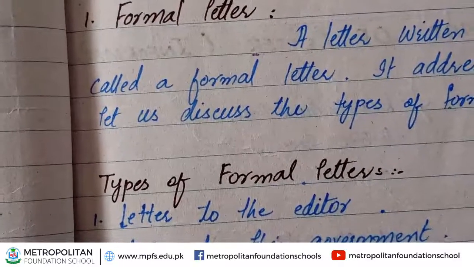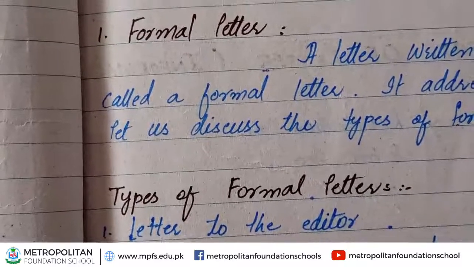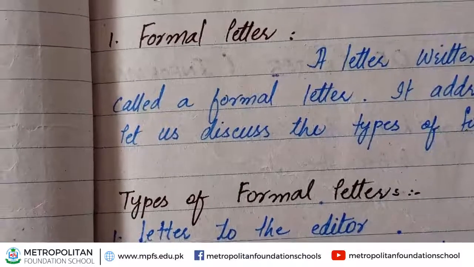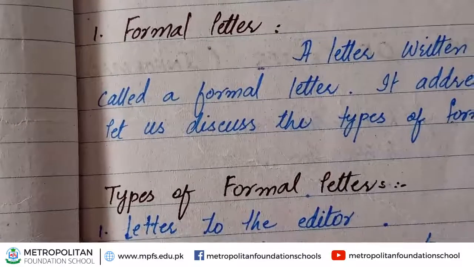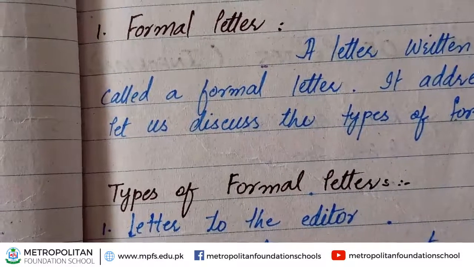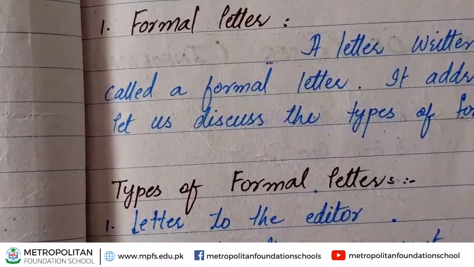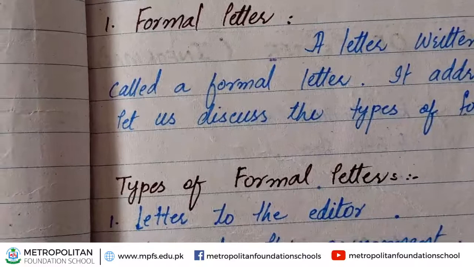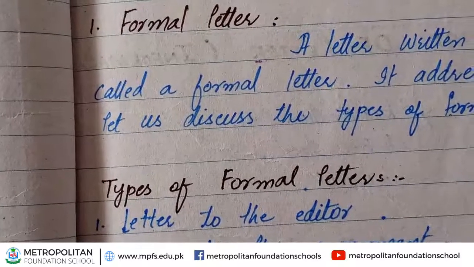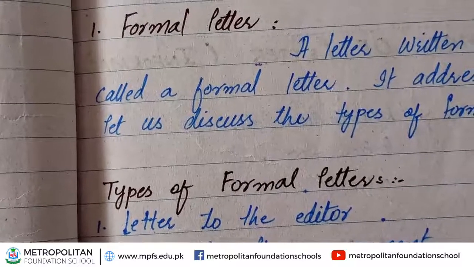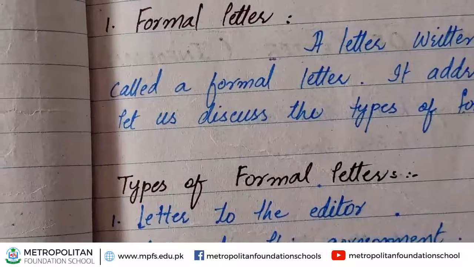Avoid using abbreviations; you cannot use abbreviations in formal address writing. Place a comma at the end of every line of the address, and place a full stop after the last line. So this is the pattern of the sender's address.